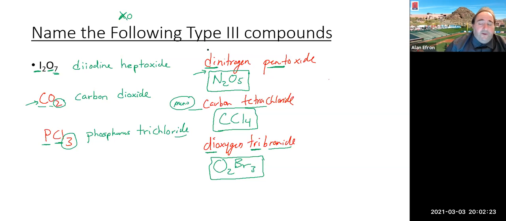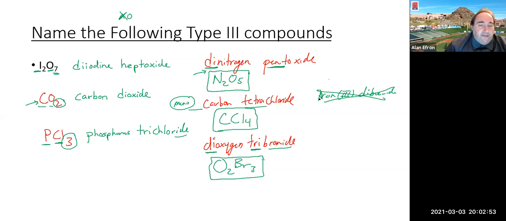So if at some point along the way you're finding yourself writing iron, Roman numeral 3, dibromide, and you've got prefixes and Roman numerals, you might as well just put an X on it because it is not correct. So absolutely type 3, only place you really should be using prefixes, and type 2, only place you should be using Roman numerals. And again, type 1 should have neither of those two things in there.